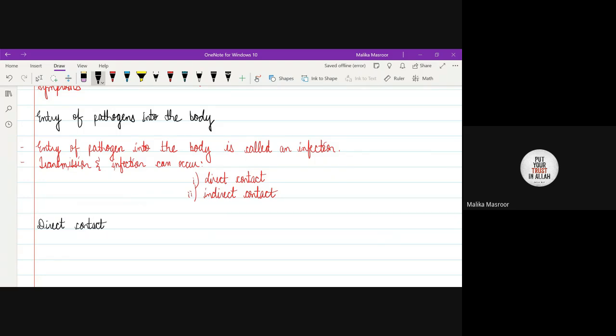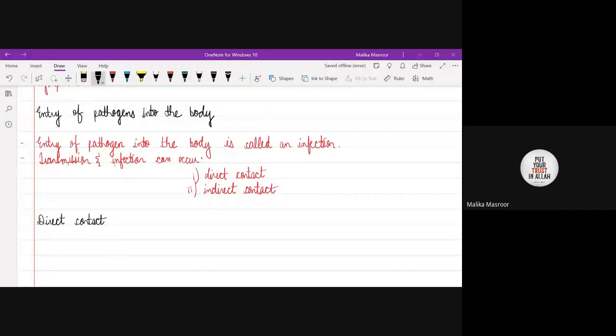Direct contact is when a pathogen passes from one person to another, when there is direct contact between an infected person and an uninfected person.